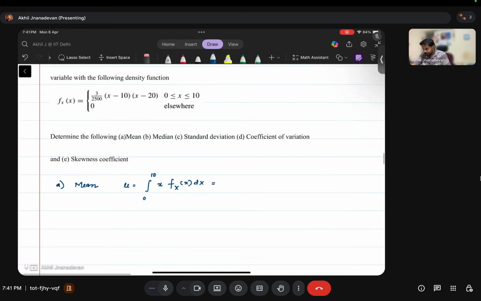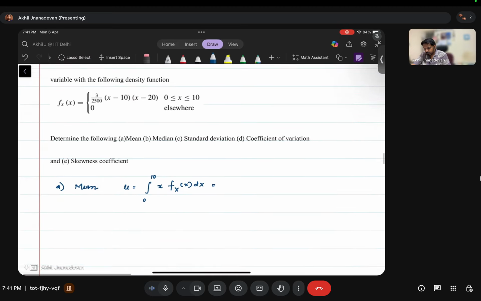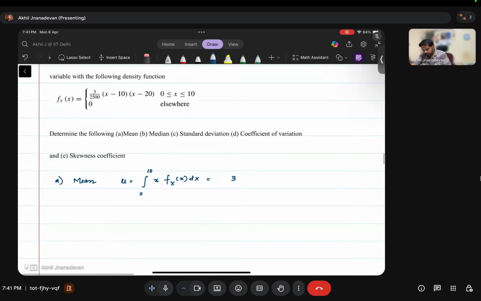The constant we can take out, that is 3 by 2500, times the integral from 0 to 10 of x into (x minus 10) into (x minus 20) dx.